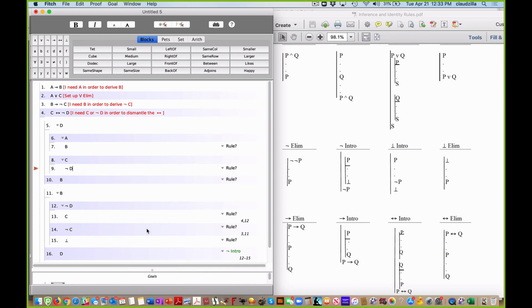But if you say, how am I supposed to get not C? Well, I need B, but I can't get B because A is in a separate subproof sequence. Then, Elizabeth, if you followed that line, you'd say, wait a minute, what do I really want? I said I wanted a contradiction. And that brings you to what Ivan just saw.